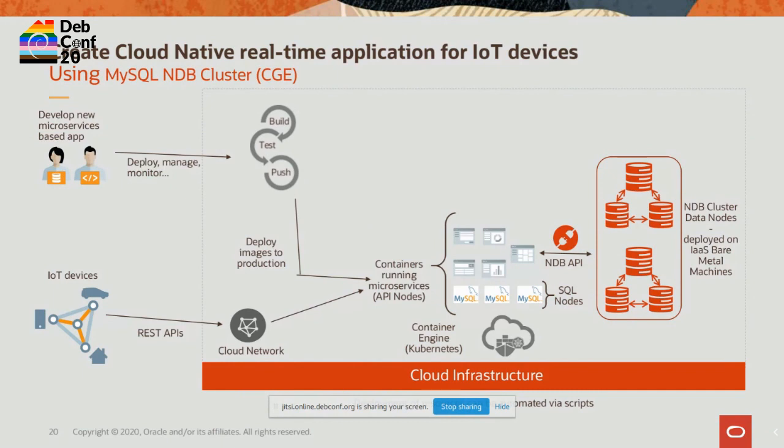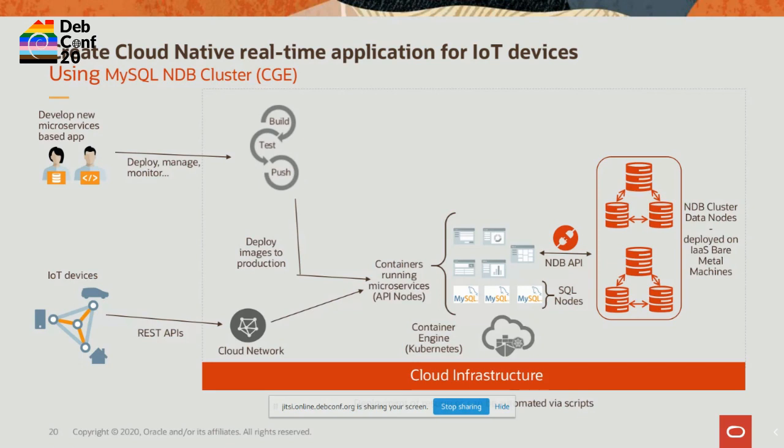And for IoT devices, since the main requirement is real-time, the solution I have chosen to deploy is NDB cluster. So an in-memory, auto-sharded database, since IoT devices are producing a lot of traffic and a lot of data. And they need to communicate in real time indeed.